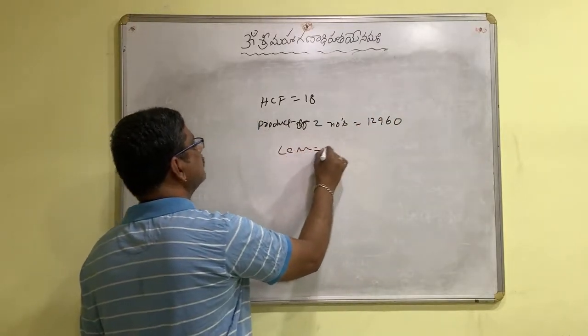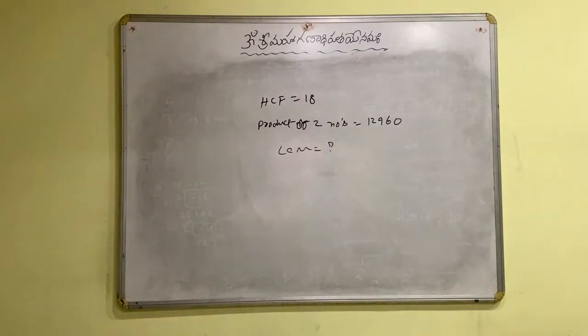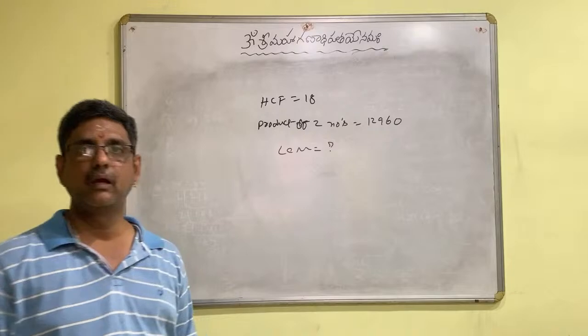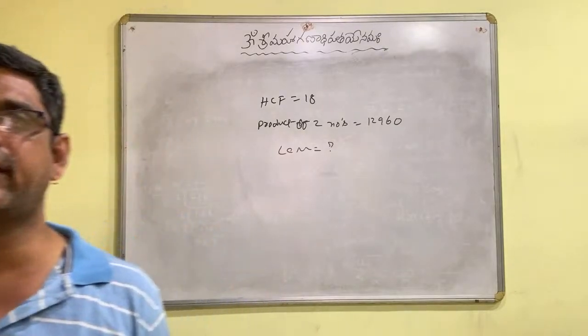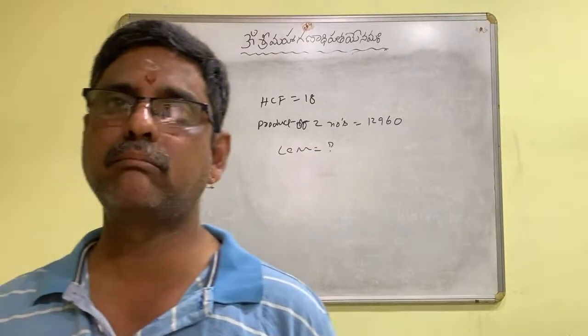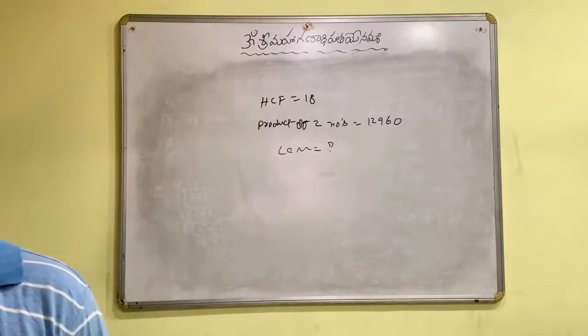Find LCM. Do this, children. HCF of two numbers is 18 and product of two numbers is 12960. Find their LCM.